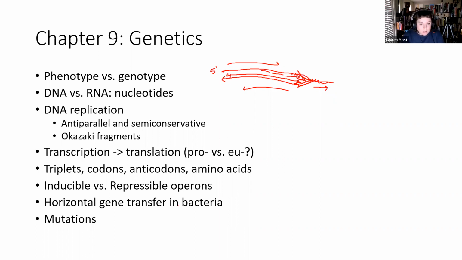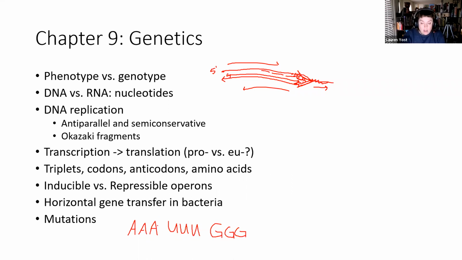So if I had AAA, and then U, U, U, and then G, G, G. Now this is the mRNA, of course, but in DNA this would be TTT. So this is our mRNA version that our ribosome would be reading.